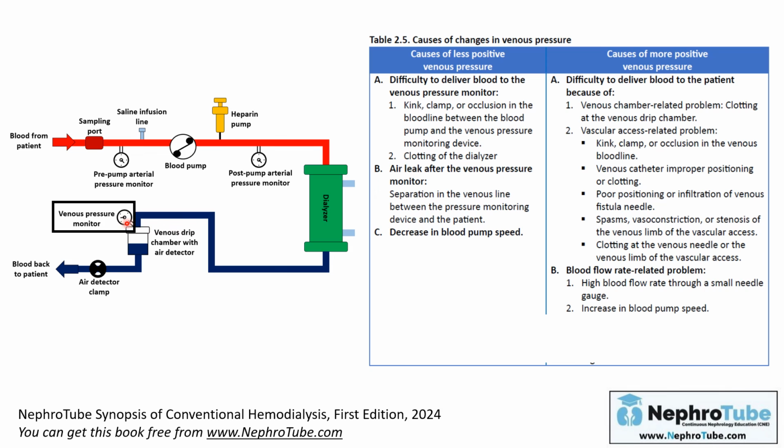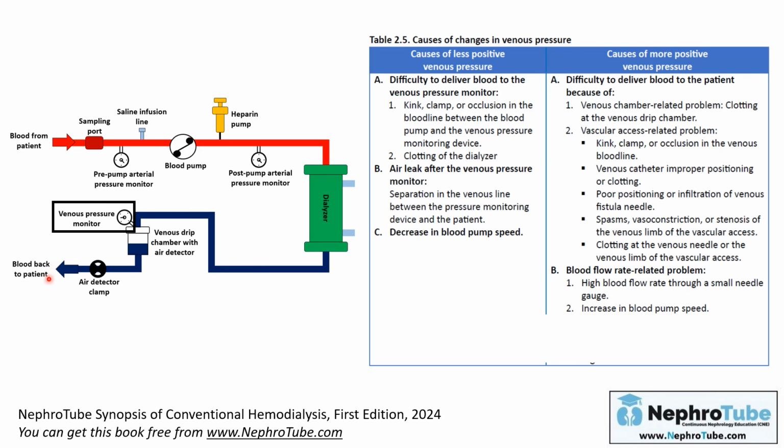Also, using a high blood flow through a small needle or increased pump speed will cause increased pressure in the venous pressure monitor. Because if we are using a high pump speed, this will cause a high flow of blood through this area, causing high pressure.